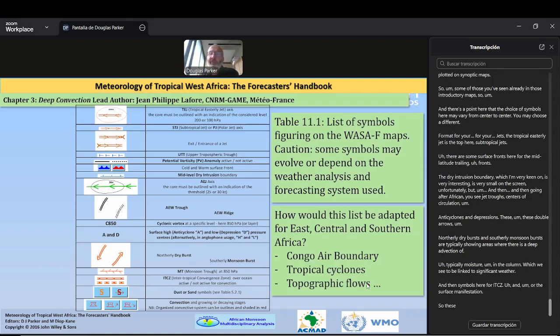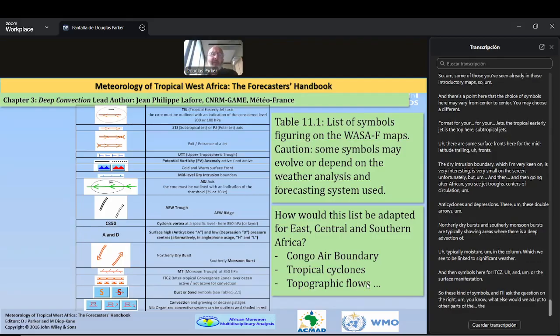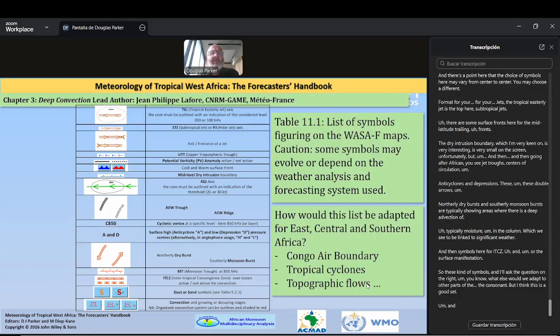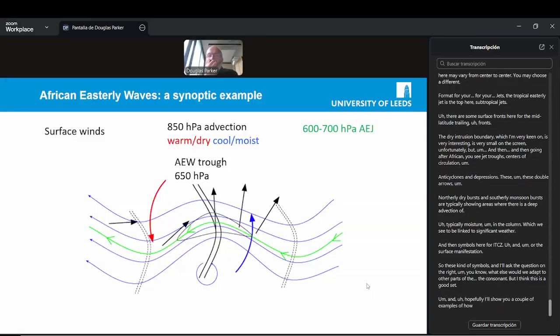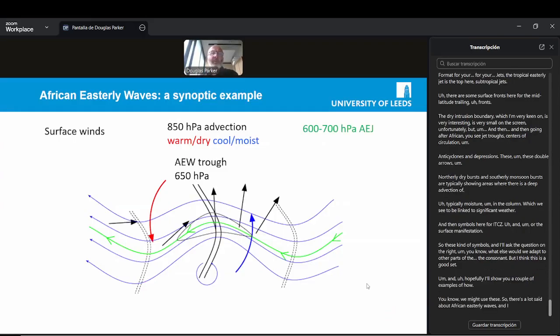So these kind of symbols, and I'll ask the question on the right, what else would we adapt to other parts of the continent? But I think this is a good set, and hopefully I'll show you a couple of examples of how we might use these. So there's a lot said about African easterly waves, and I won't devote much time to that.